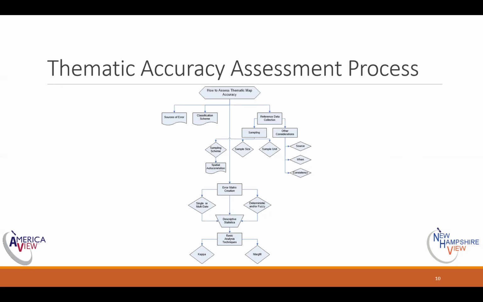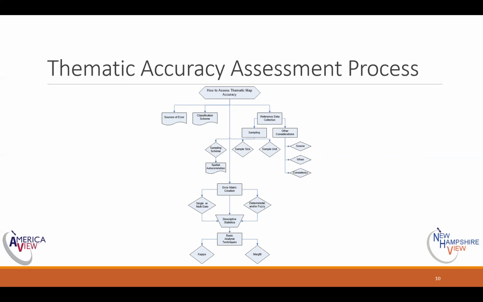Okay, then we get to the error matrix creation itself. So once we have the reference data collected, we have the map, we can go through the process that we just described in the last couple of slides, build the error matrix. There's a bunch of choices here. Are we going to do a single date? We just have a map. We created that map from August 5th, 1992, and we're going to assess that.